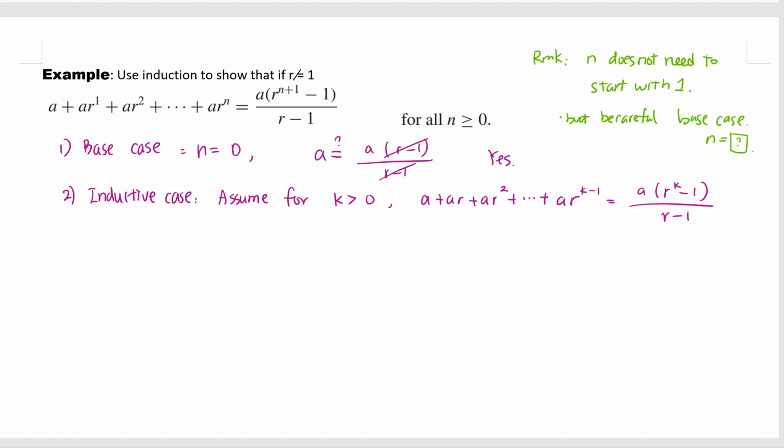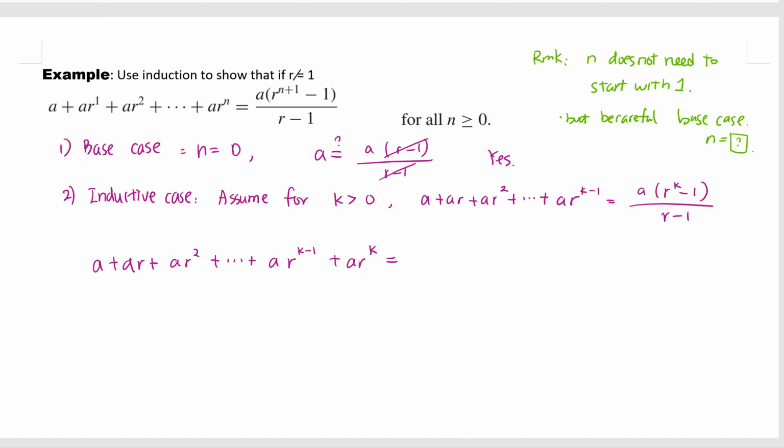Okay, and what do we want to show? We want to show the equation holds for k. So we know it's a r to the n. Let's put the previous term, so then we can use the hypothesis.